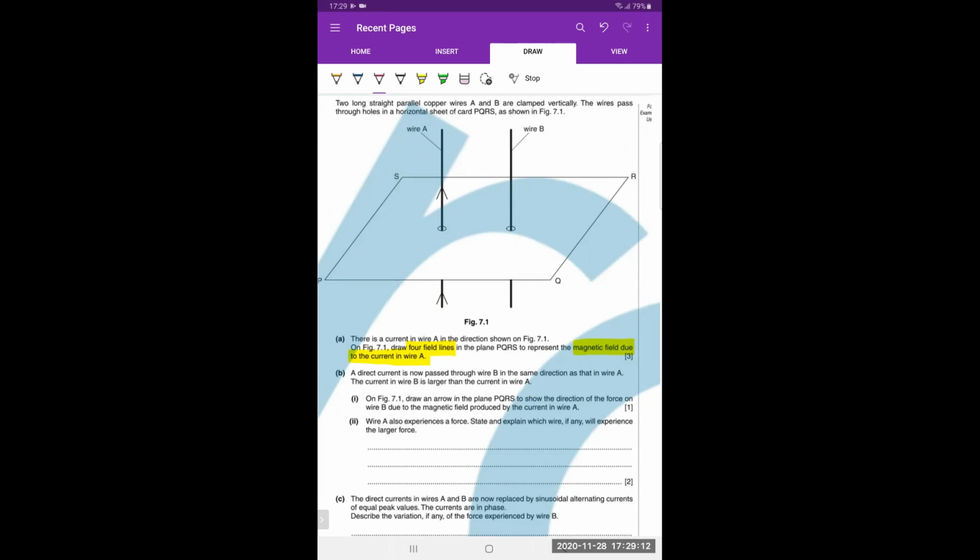Okay, so basically they are asking you to show a diagrammatic representation of 4 magnetic field lines to represent the magnetic field due to current in the wire labeled as A. For A, current is coming out. Remember, current coming out was denoted by the symbol of a dot.